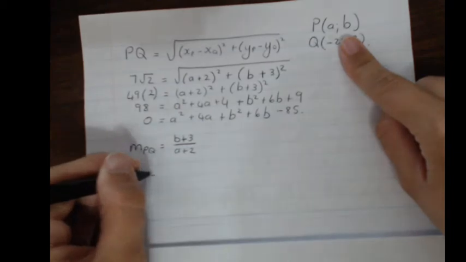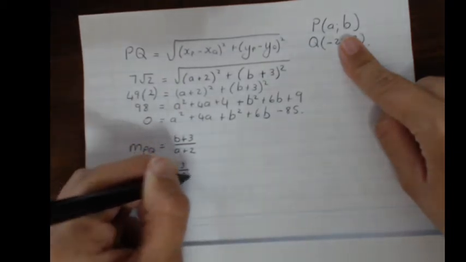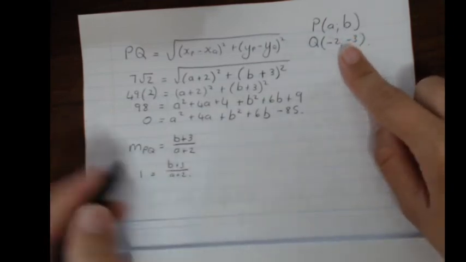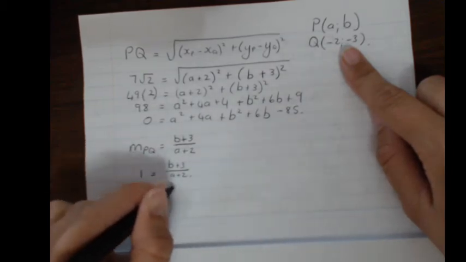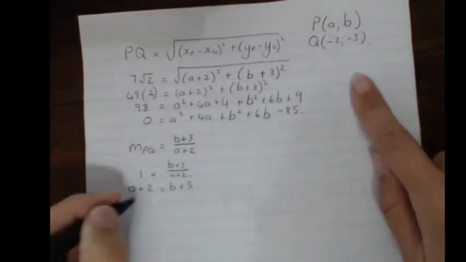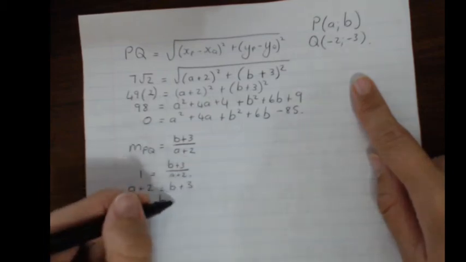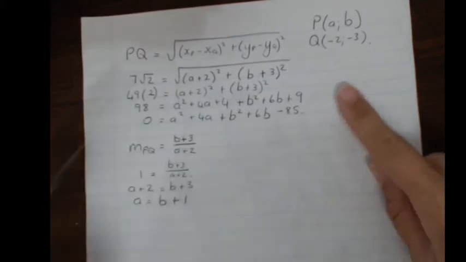So 1 is equal to (b + 3) over (a + 2), and if I simplify this a little bit, multiply the a plus 2 with 1, it's going to be a plus 2 is equal to b plus 3. So a is equal to b plus 3 minus 2, which is b plus 1. Okay, this is a lot simpler than that, at least.